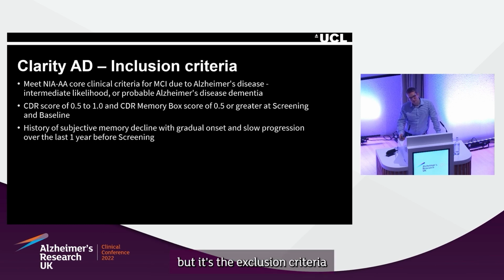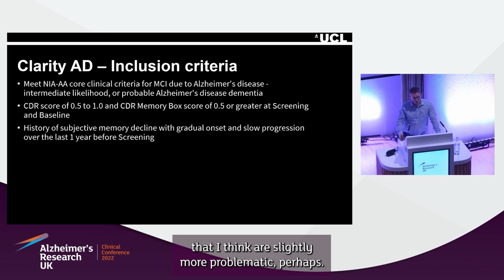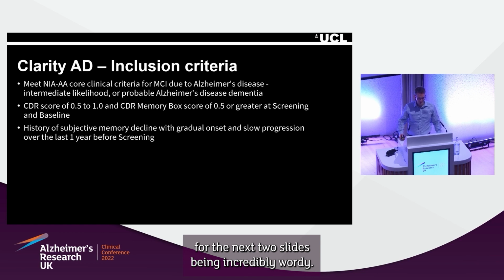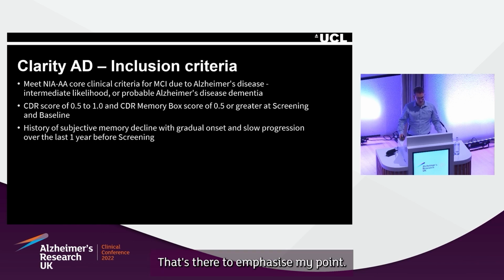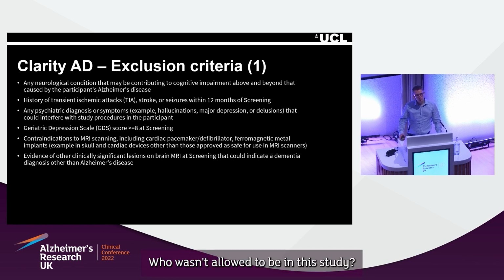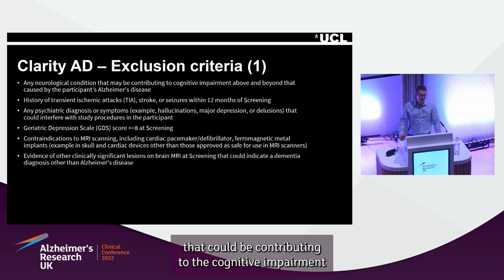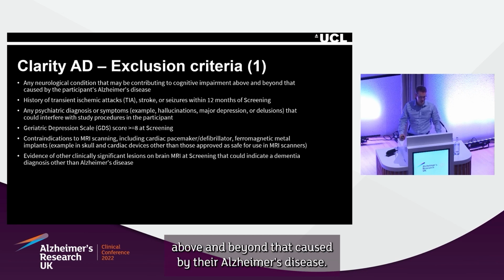But it's the exclusion criteria that I think are slightly more problematic, perhaps. I make no apologies for the next two slides being incredibly wordy. That's there to emphasize my point. So who wasn't allowed to be in this study? Well, people who had any neurological condition that could be contributing to their cognitive impairment above and beyond that caused by their Alzheimer's disease.